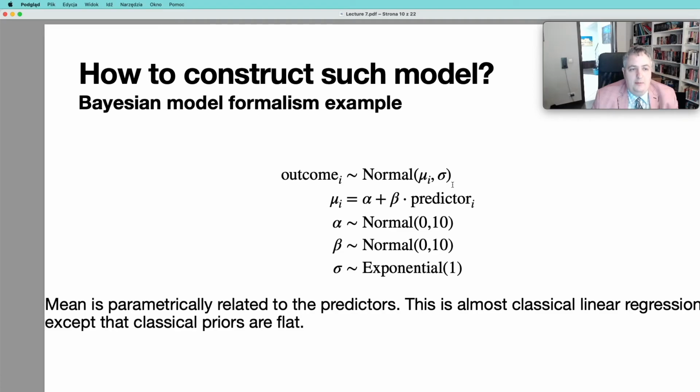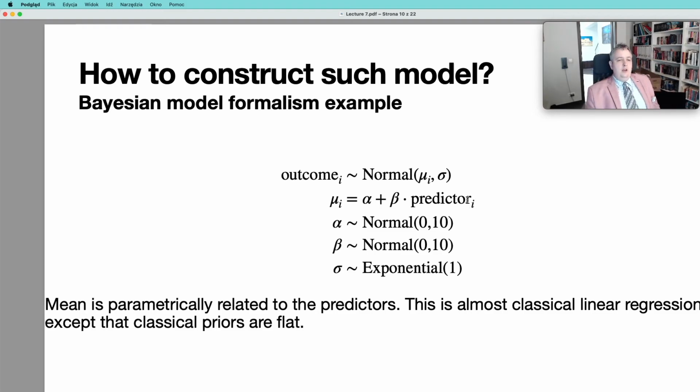Because you can have more than one, you can have multiple, then this can be a vector. B also can be a vector in a sense, or a matrix. Generally, what we have here is that the outcome is normally distributed with, in this case, a fixed sigma, with a mean that is a function of predictors. In case of linear models, it's a linear function of predictors.